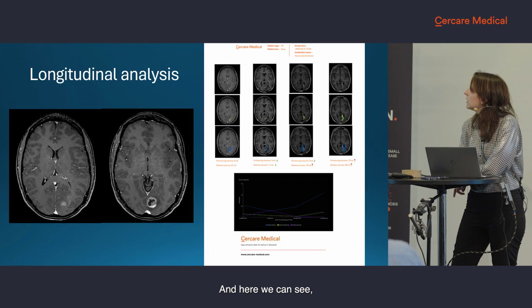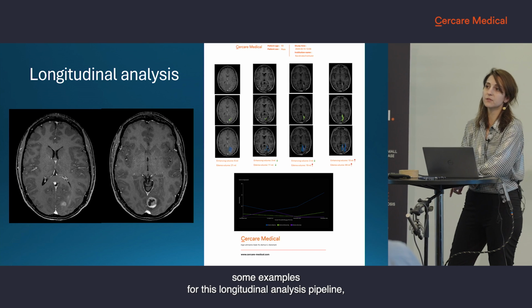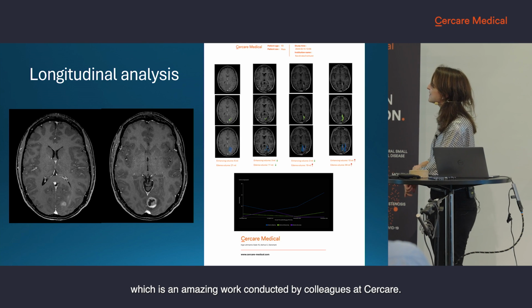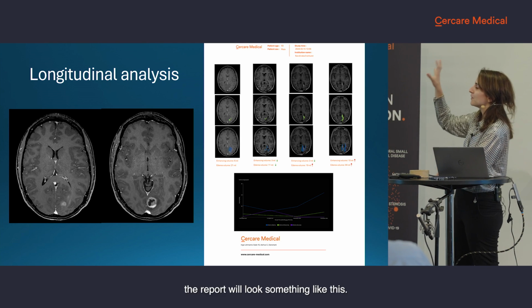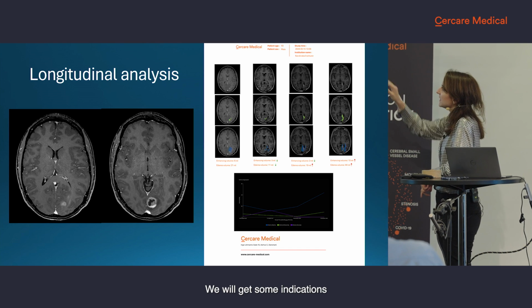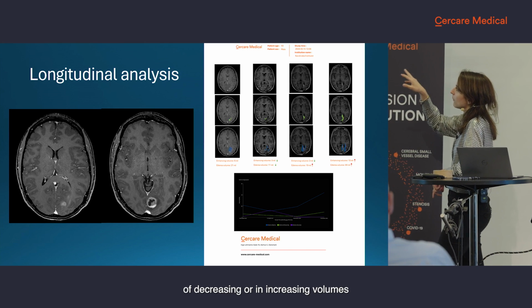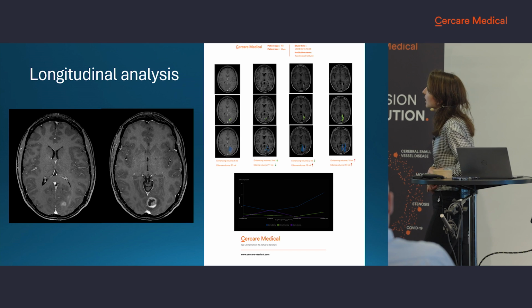And here we can see some examples for this longitudinal analysis pipeline, which is an amazing work conducted by colleagues at CERCare. The report will look something like this. We will get some indications of decreasing or increasing volumes of enhancing tissue, non-enhancing tissue, and so on.